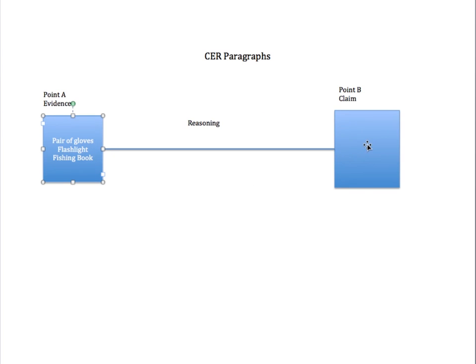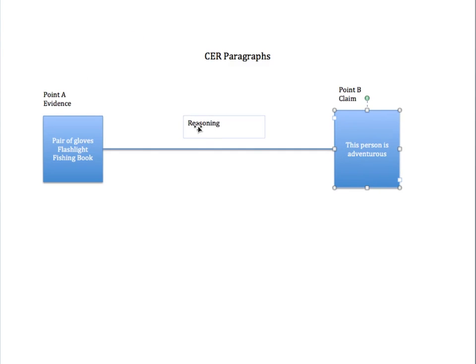And let's say I used that evidence and I came up with the claim that this person is adventurous. That's my claim. I used the evidence and I came up with the answer that this person is an adventurous person. Okay? So I have my evidence on the left here, and then I have my answer to the question, which was asked to describe the person. I said this person is adventurous.